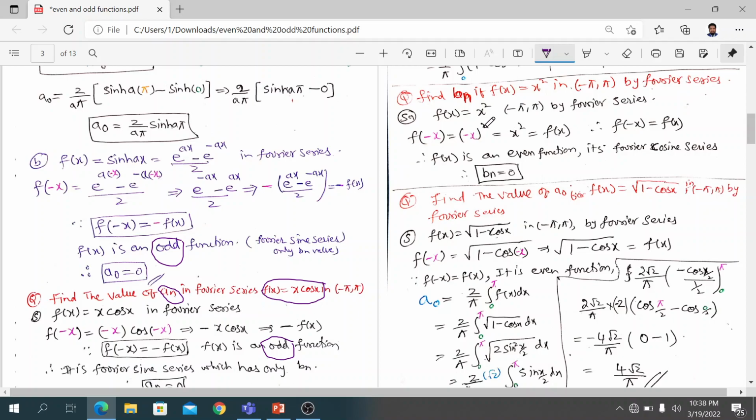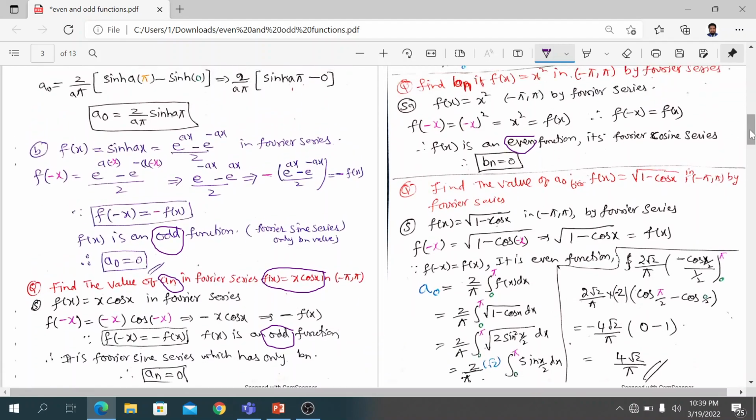Since minus x whole square is only x square, nothing but f of x, it is an even function. So it has a cosine series. Even means cosine series, where bn value will be 0. This is the advantage if we know the function is even or odd.